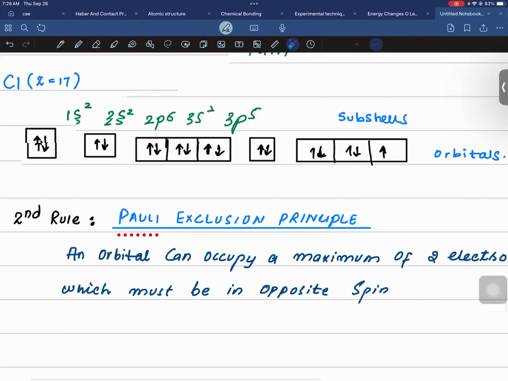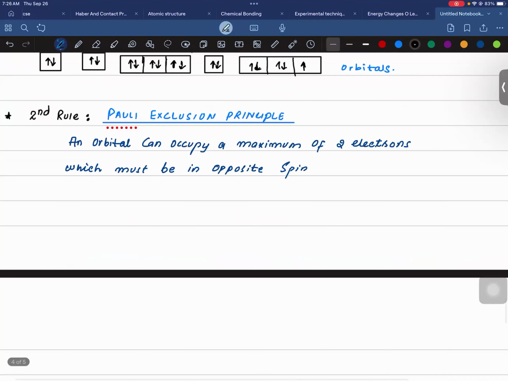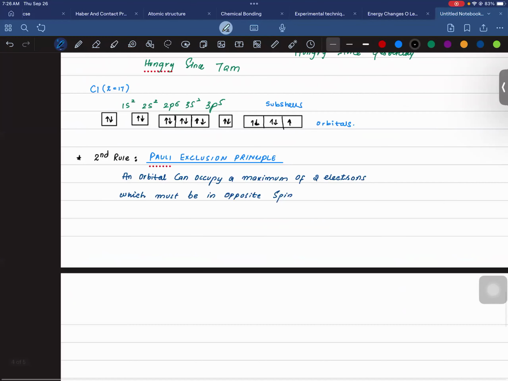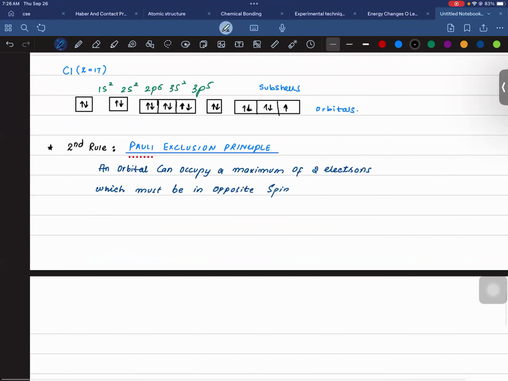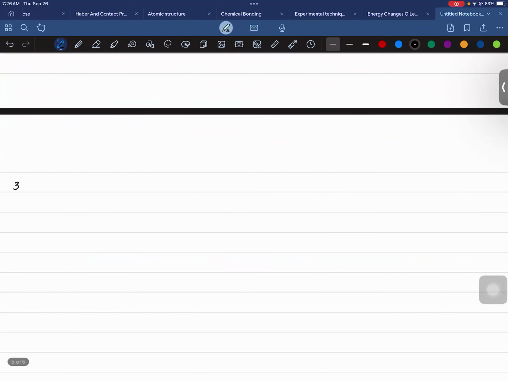And then we have the third rule, which is Hund's rule.